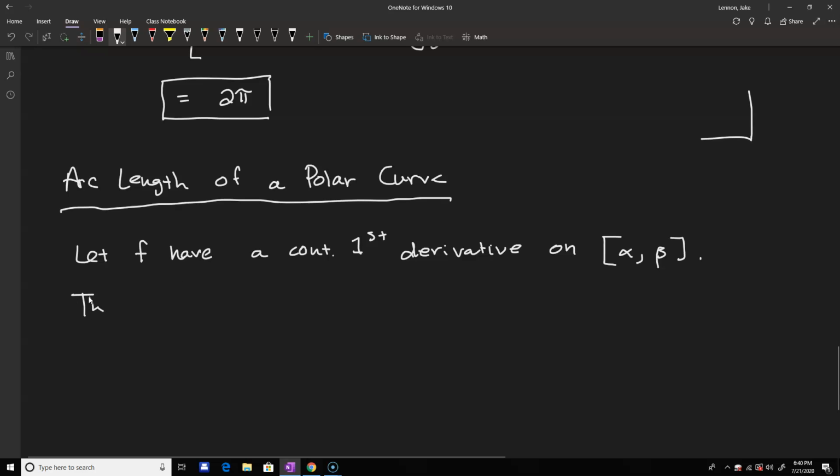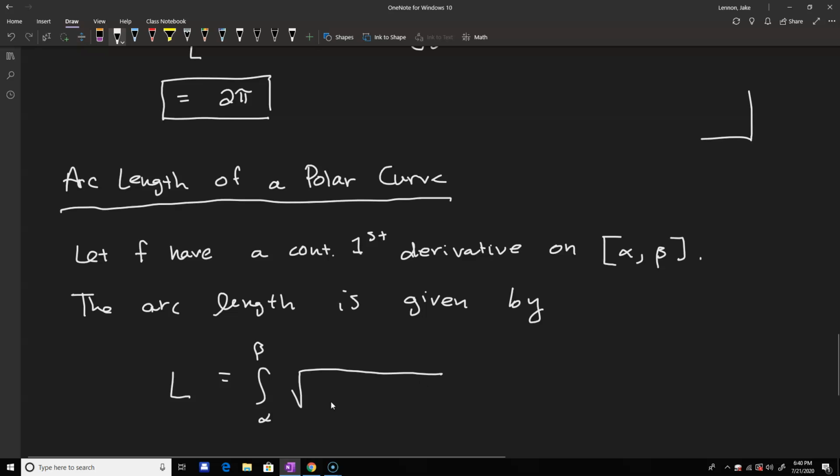The arc length is given by, so we're going to integrate from alpha to beta, and we're going to be taking the integral of the square root of f of theta squared plus f prime of theta squared.